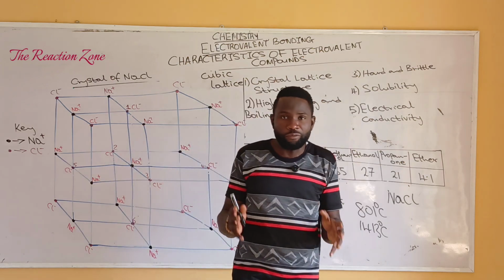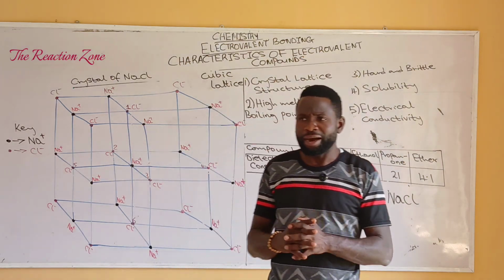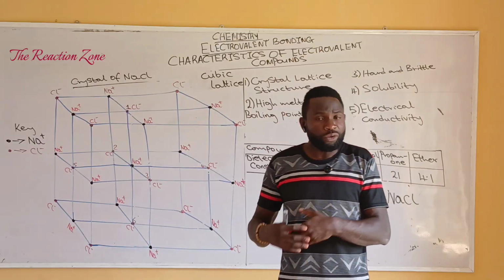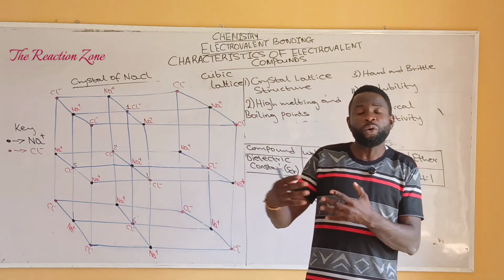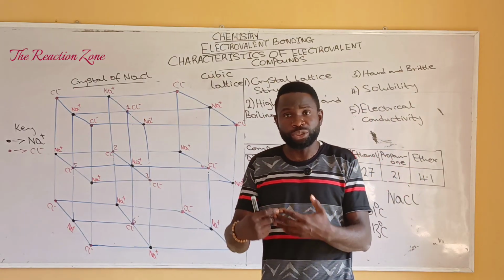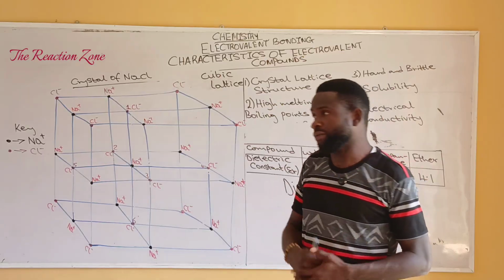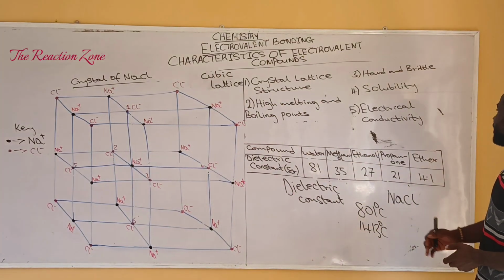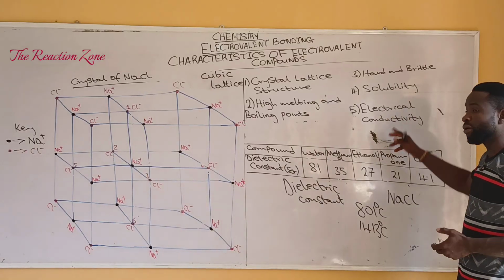Now, non-polar solvents generally have low values of dielectric constant, which is what makes it impossible for them to dissolve electrovalent compounds. The last characteristic that we're looking at is electrical conductivity.